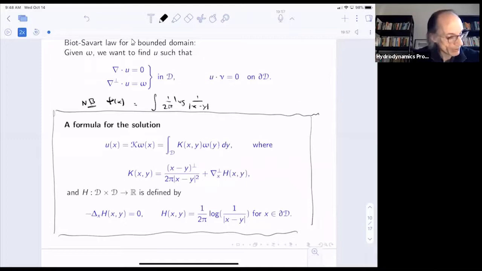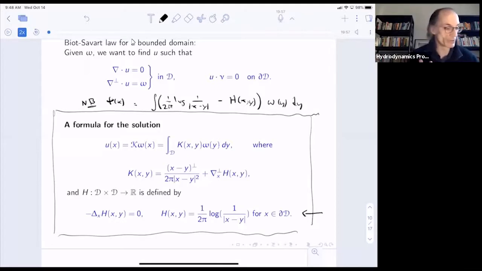I want a minus h of x, y, omega of y, dy. I claim that this, for h defined below, we'll look at it in a second, will have the right property.